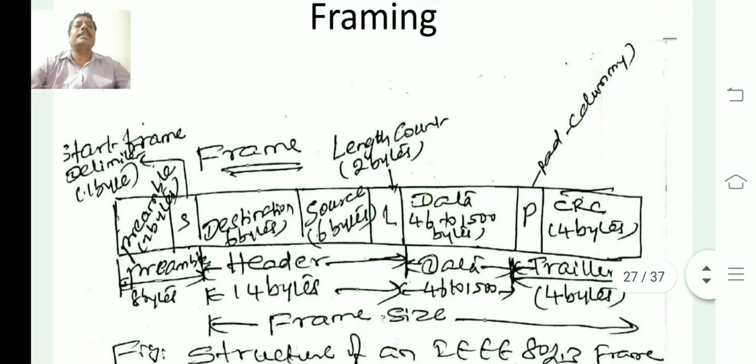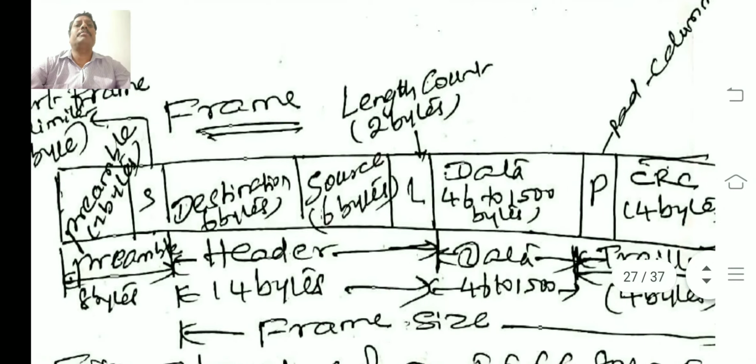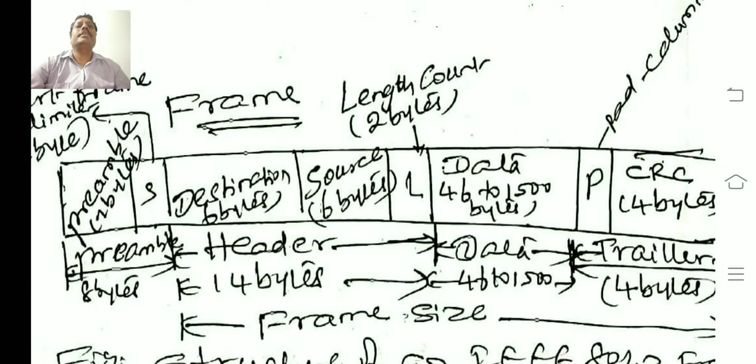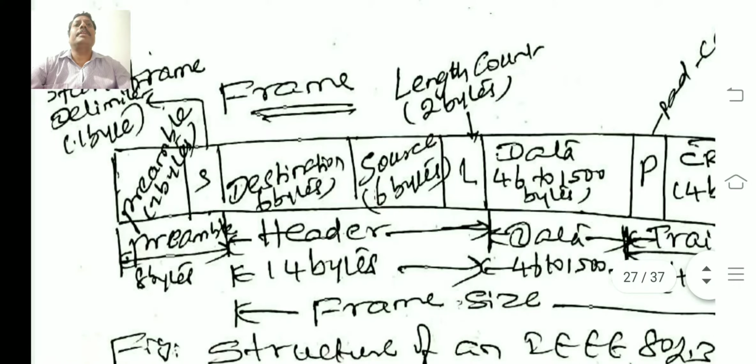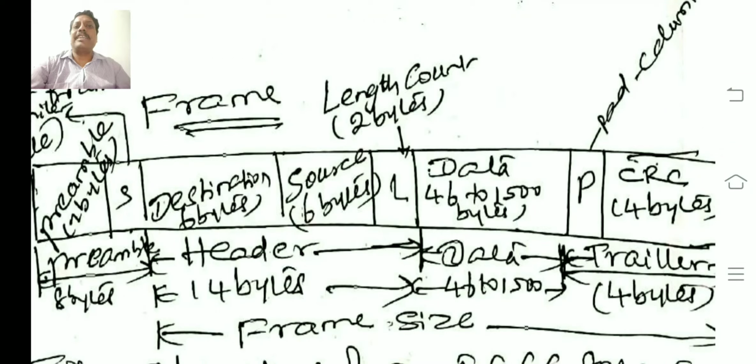Then framing, as I said, where data is framed. First, a 7-byte preamble is added. Next there is a 1-byte delimiter. After that come the destination node address, then the source node address, then the length count, which stores the number of bytes to be transferred from source to destination, in 2 bytes. Then the data to be transferred, which is 46 to 1500 bytes.